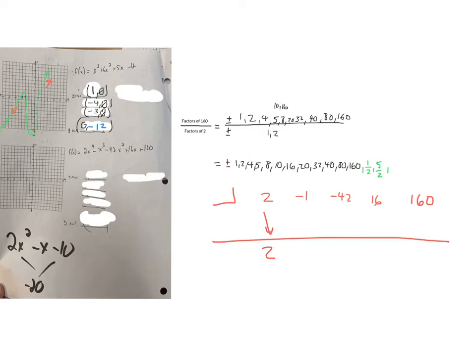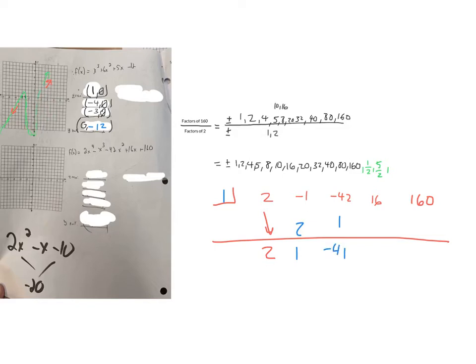Let's start with 1. So if we tested out 1, that would be 1 times 2, which is just 2. And then we add -1 plus 2, which is just 1. And then 1 times 1, that's just 1. And then we have -42 plus 1, that's -41.